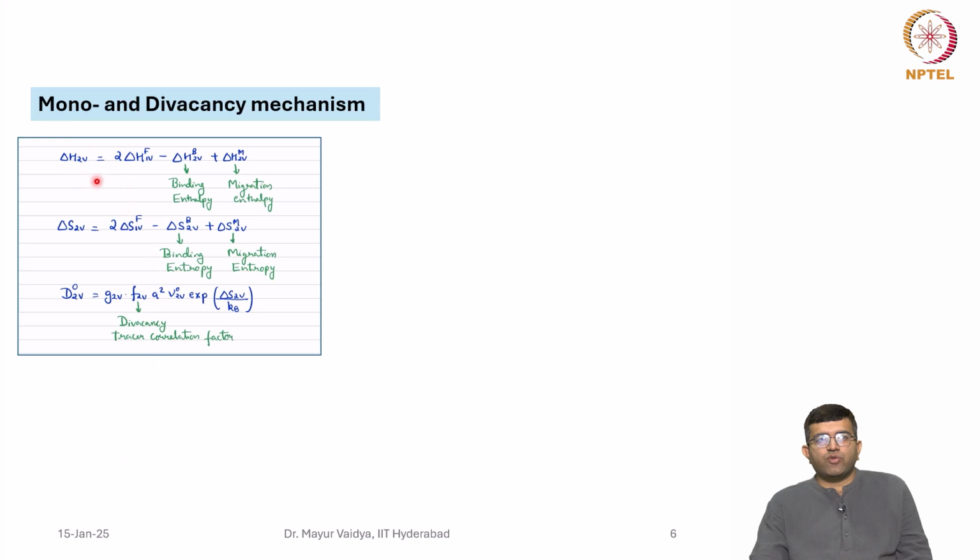In the case of the di-vacancy, the total delta H2V is given by this term: 2 times delta H1VF minus delta H2VB plus delta H2VM. Here delta H2VB is the binding enthalpy and delta H2VM is the migration enthalpy.